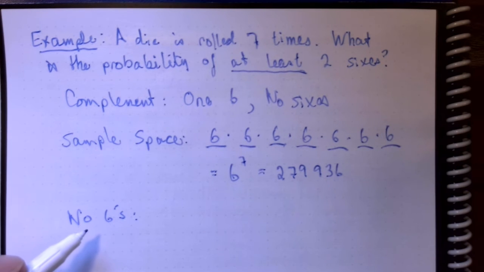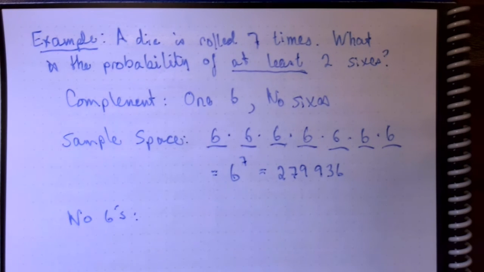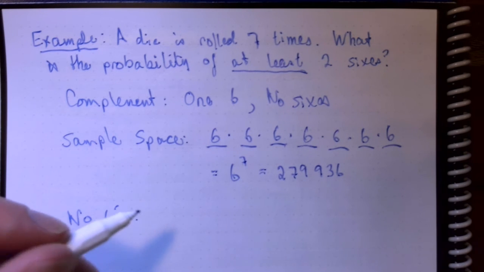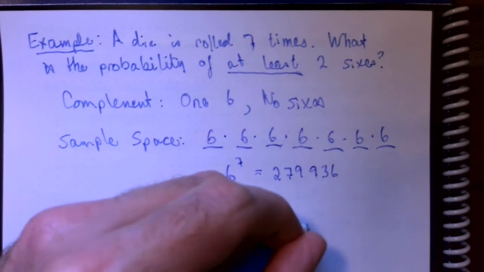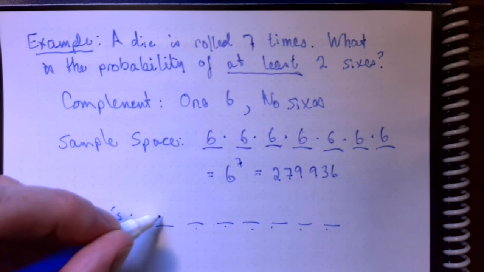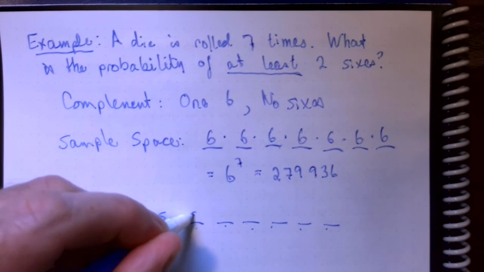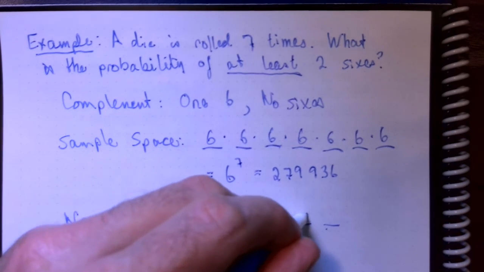So if we wanted no heads, in other words, all tails, there was only one way to do that. If you're not getting any 6s, okay, you still have a bunch of other things that you could get. In fact, we're going to roll that die 7 times. 1, 2, 3, 4, 5, 6, 7. You're talking about the die coming up one of the other 5 numbers.